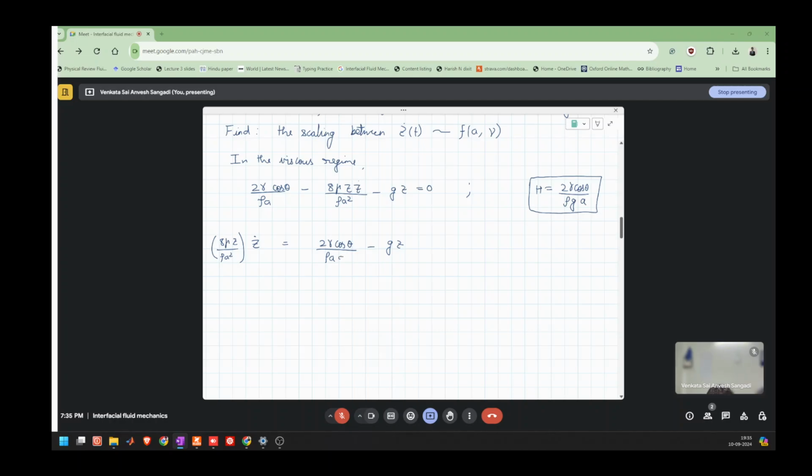So we multiply and divide by g. This is equal to 2 gamma cos theta by rho a g into g minus g z.